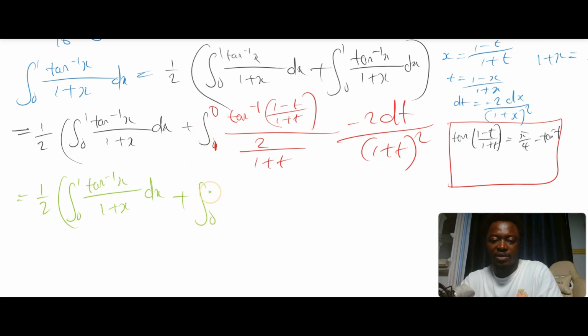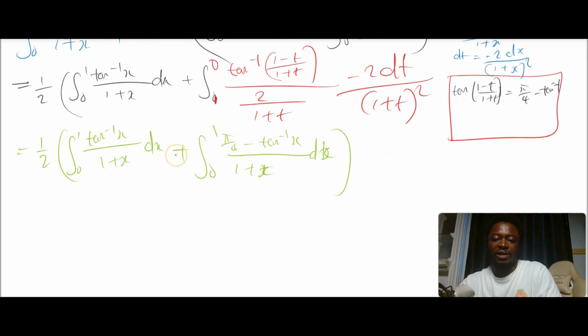So you have the integral from 0 to 1 of pi over 4 minus tan inverse of x all divided by, here the 1 plus t cancels out, you get 1 plus x dx, right? So notice that this integral now and this other integral will cancel out.